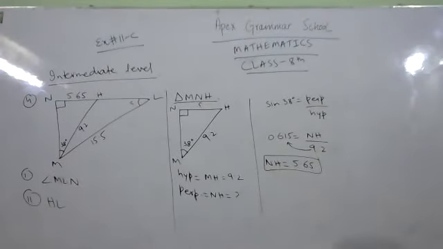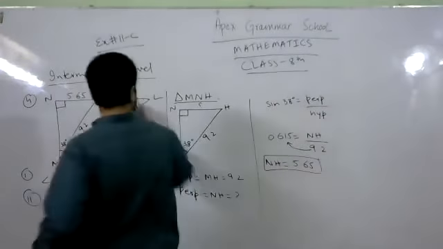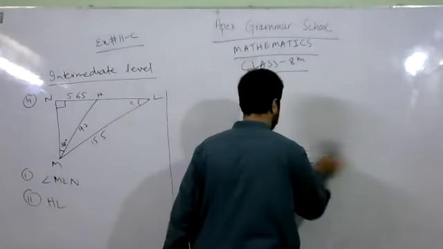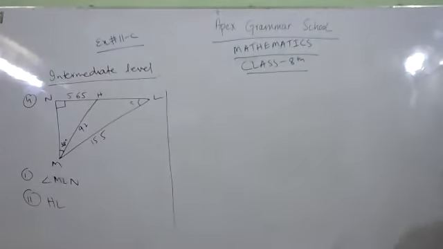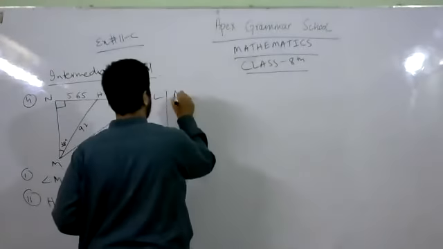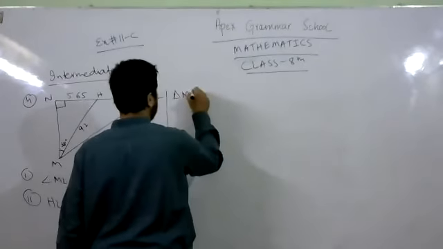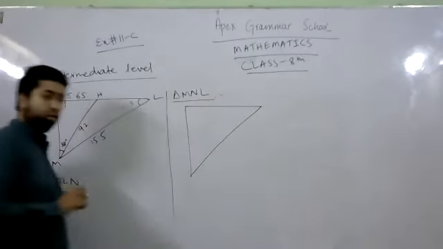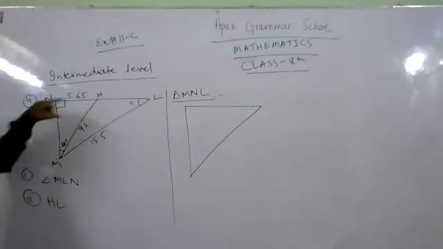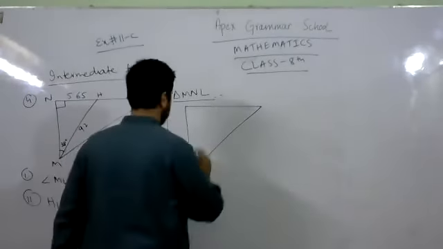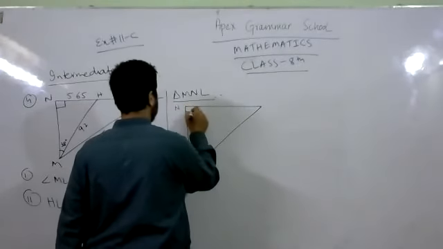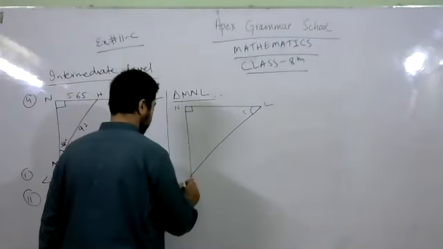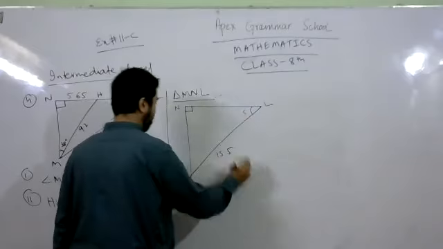Now we will discuss this right angle triangle, about right angle triangle M and L. You just only need to draw these three sides, not the middle sides. This is N, this angle is unknown, L, this side is M, and this is P.